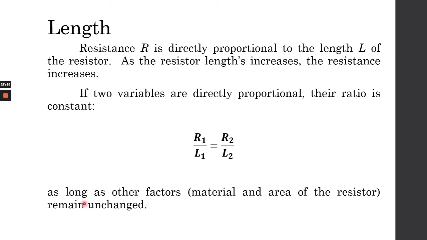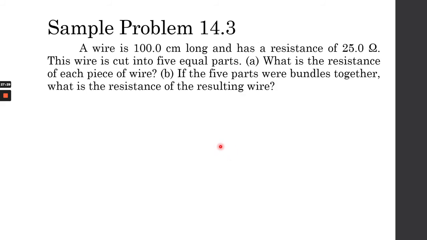So I want you guys to remember this. As long as the other factors, meaning yung material and yung area, is the same, pareho ng material, pareho ng area, then we can use this relationship to solve for resistance and the length of a resistor or a wire.